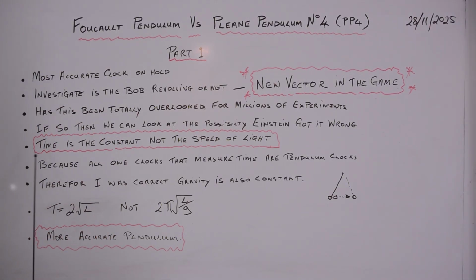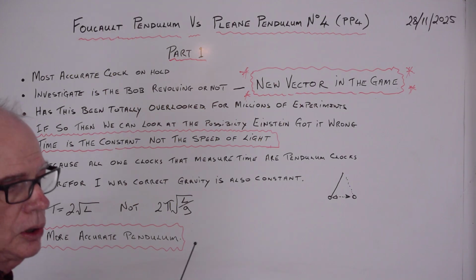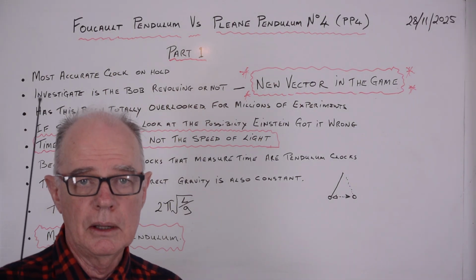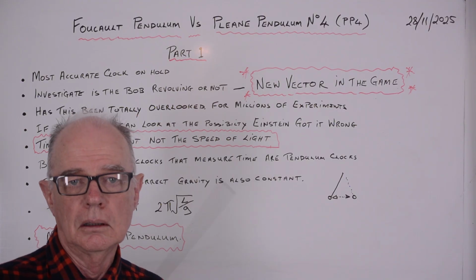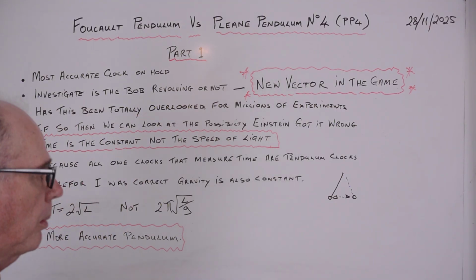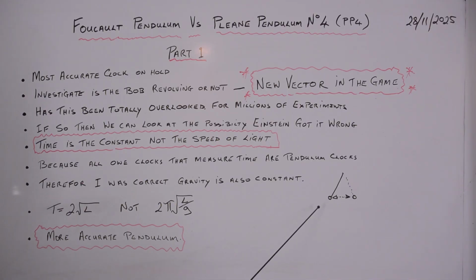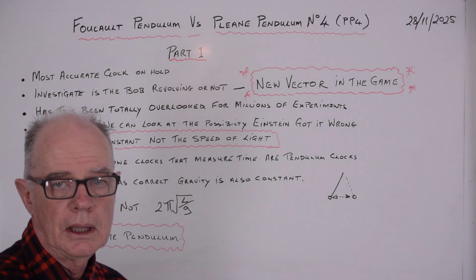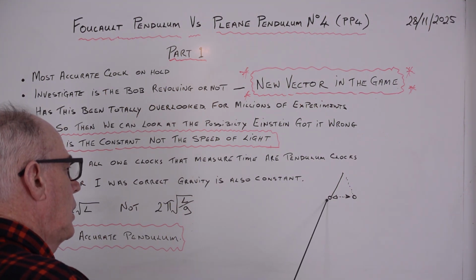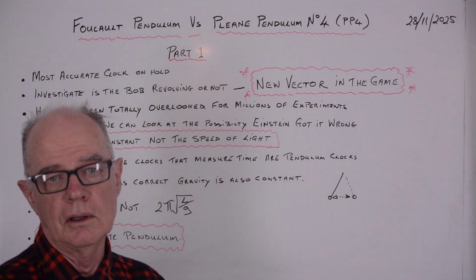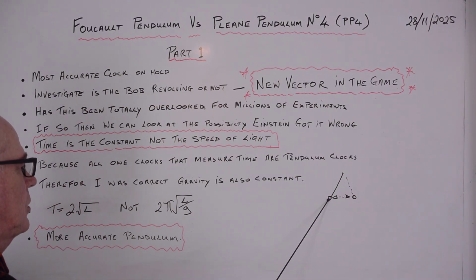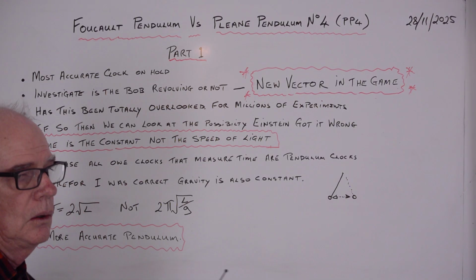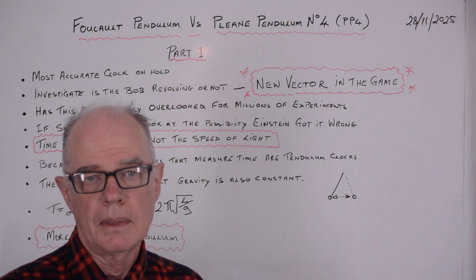So as you know, all our clocks on Earth are pendulum clocks, whether they're from a grandfather clock to an atomic clock. You know, they're all based on a pendulum, where the pendulum swings back and forth as an oscillator. Now, as you may have noticed in some of my videos, I always realise that at this point here, when the pendulum stops and goes back, we're not measuring time.